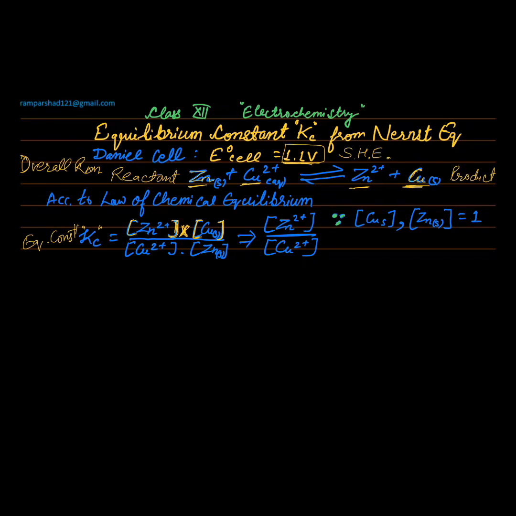The next thing, divided by the product of the concentration of the reactant. In the reactant side you can see here there is copper 2 plus ion and the other one is zinc solid.